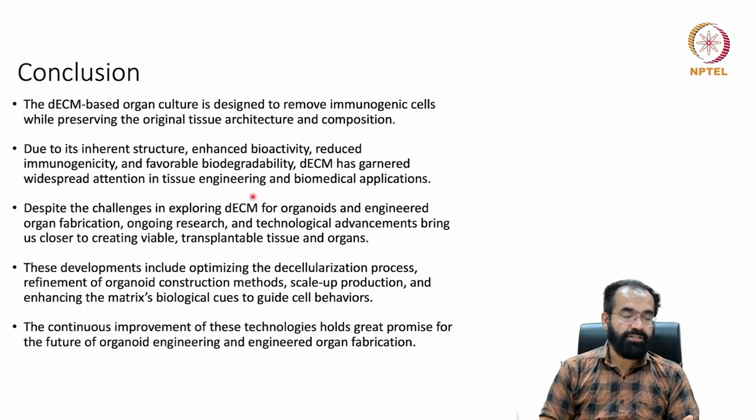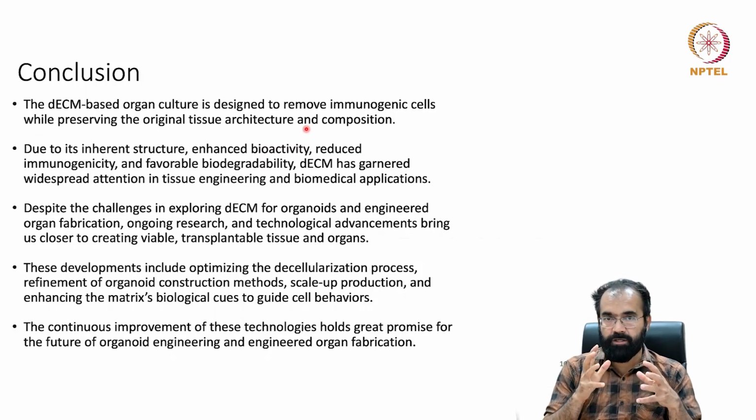So what we should try to understand now, in conclusion, is that the DECM based organ culture is designed to remove immunogenic cells while preserving the original tissue architecture and composition.